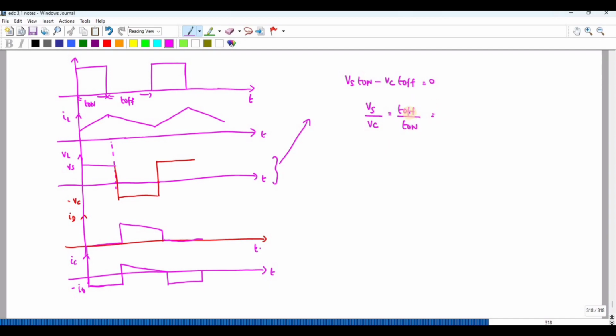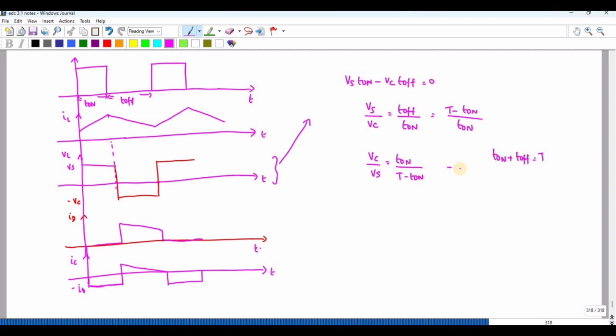This T off I can write as 1 minus T on, because we know that T on plus T off is equal to T. So I can write Vc by Vs is equal to T on divided by T minus T on.